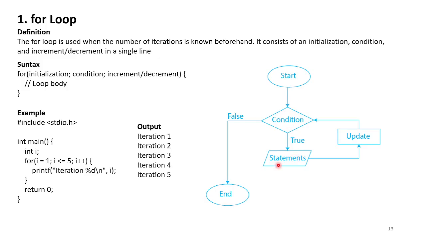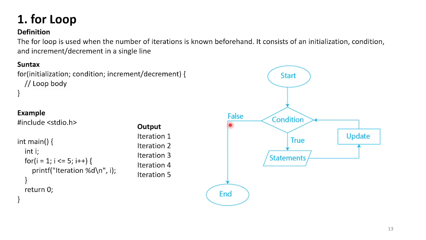If it's true, then executing the statement. After executing, we are updating, as I have shown you, then rechecking the condition. Then if it's true, then we are executing the inner body. After that, updating the value of I, or whatever variable is there, and then rechecking.